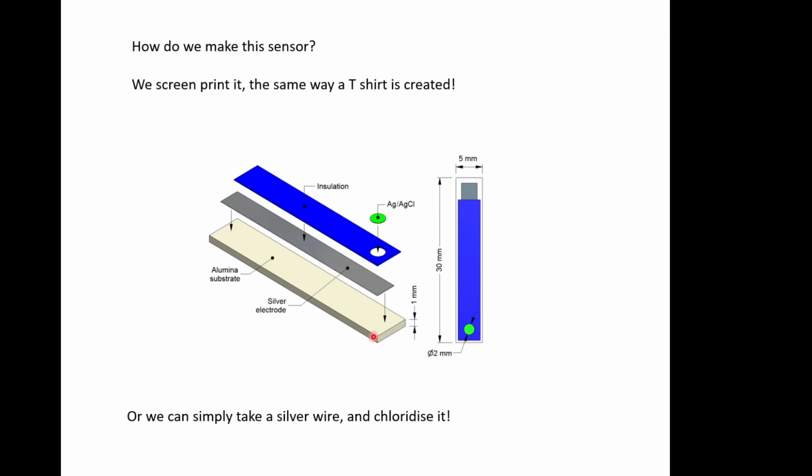So we print down silver, which is a nice conductor on here, and then we print down some insulation, and then we print a layer of silver and silver chloride mixed in here through this hole. And when it looks like this, you end up with this flat surface with a small sensing hole down here, and any chloride from the environment that then sits on this surface will initiate that reaction, and a voltage will be generated at this terminal, which we can then try and measure.